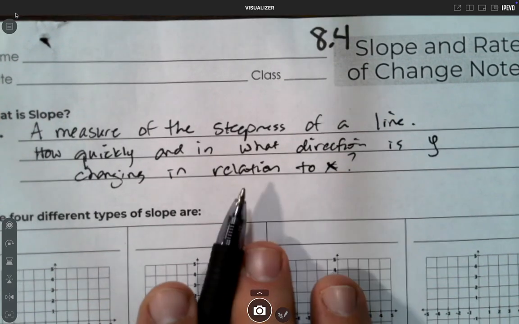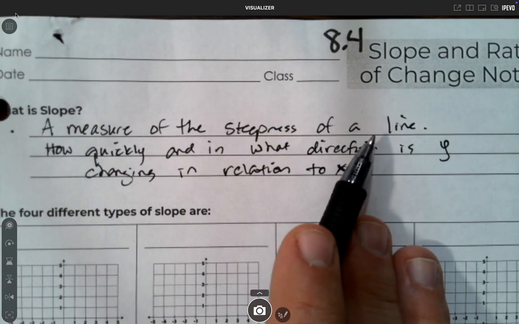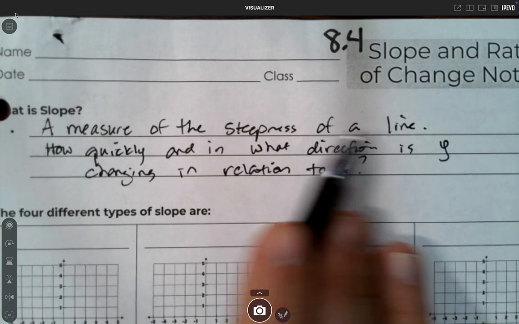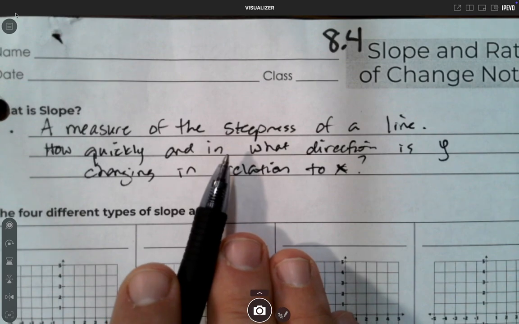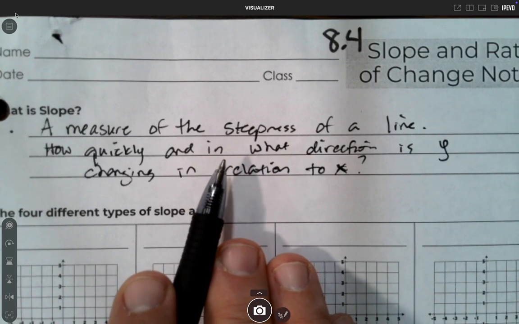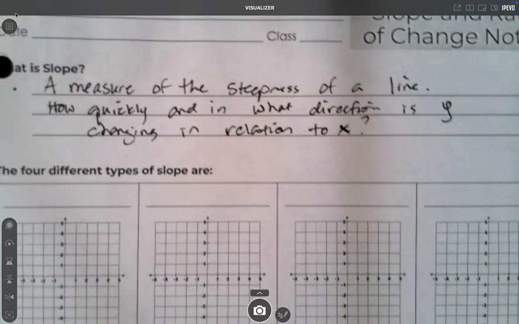So I add this second one because this first definition will make really good sense when we're looking at graphs. But when we're dealing with equations or we're dealing with ordered pairs or tables, I think this second definition will be a little more informative.